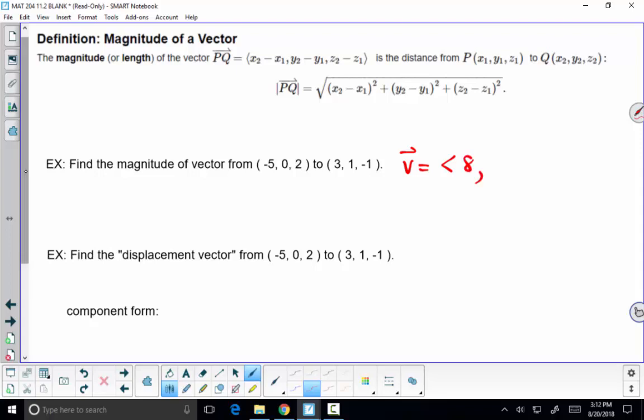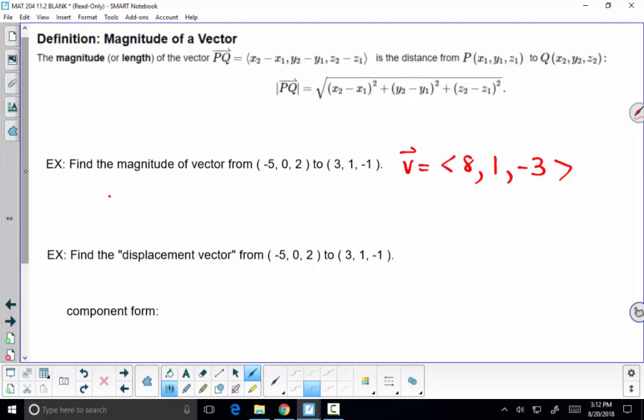Next component. So we're doing the terminal point minus the initial point. So it's saying from (-5, 0, 2), so that tells us that's the initial point. So that's our displacement vector that connects those 2 points.